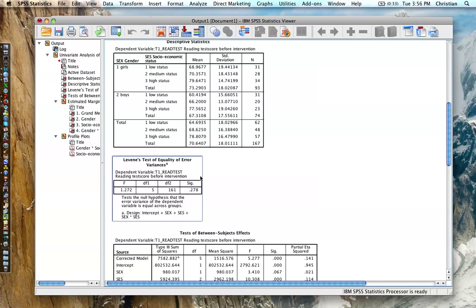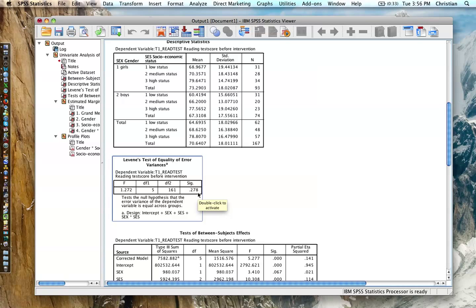The next box here is Levene's test for the equality of error variances. It's the same thing that we did before in the t-test and the one-way ANOVA. We look at whether the groups have similar variances within the groups. So we test the null hypothesis that the variances are equal. If this is not significant, we retain the null.